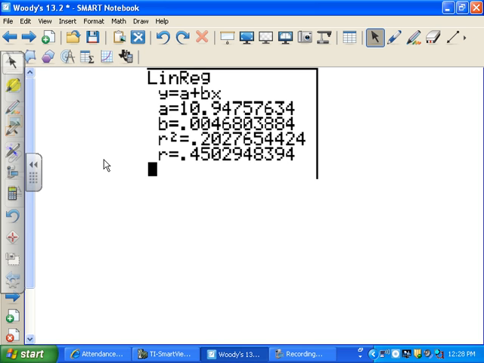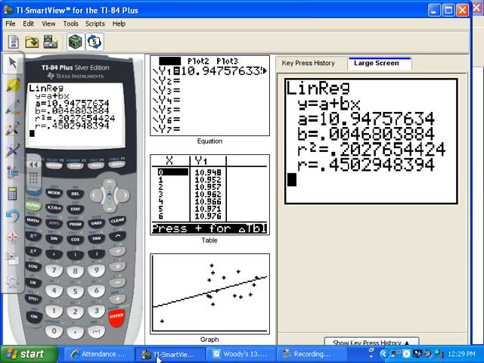So there's our information. What do you guys think? Is the linear model appropriate? Weak? Okay. Let's do this now. Oh, I'll go here.